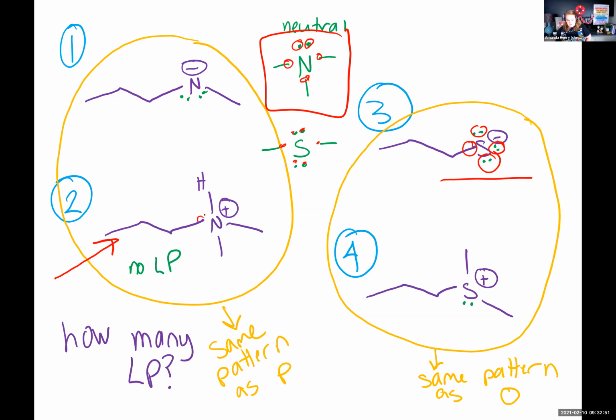And so when it has those 4 bonds, 1, 2, 3, 4, that gives us a positive nitrogen. The opposite then, on the top one, if 5 means neutral for nitrogen, 1, 2, 3, 4, 5, 6, 6 would mean 1 extra, so 6 would mean negative. Does that make sense? Yeah, that makes total sense now.